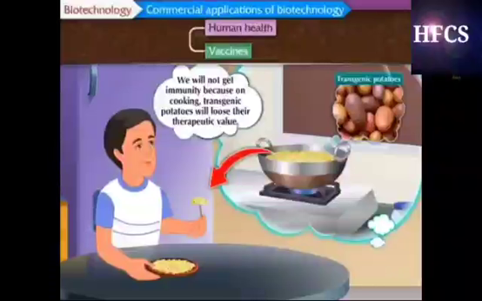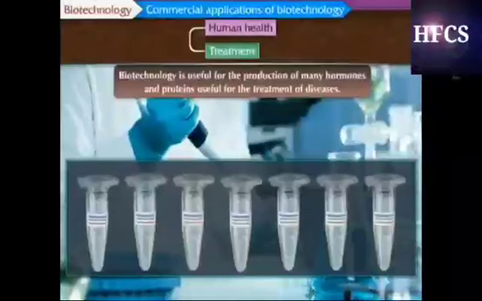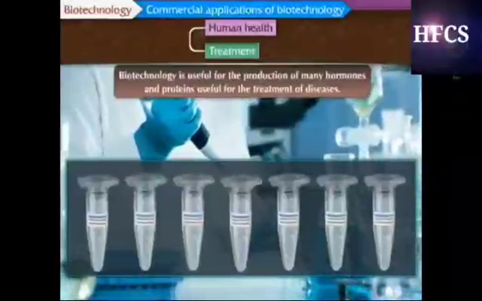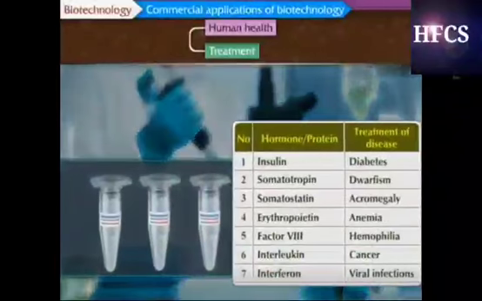Biotechnology is useful for production of hormones and proteins useful for treatment of disease. Hormone insulin is used for treatment of diabetes and hormone somatotropin, also known as growth hormone, is used to treat dwarfism.